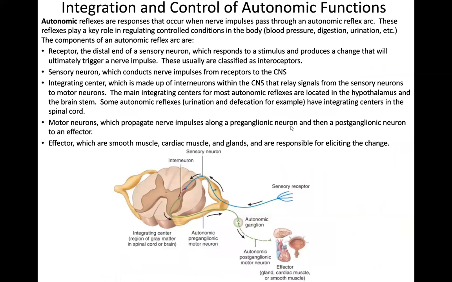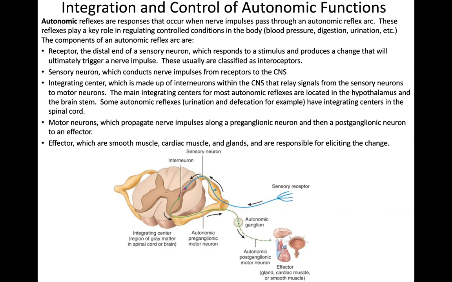Okay, and then the final slides here will be talking about everything kind of put together for these last several slides, and what we call integration and control of autonomic functions. Thinking back to Tuesday, we talked about reflexes like the stretch reflex, elicited when you sit on the table and you tap on the patellar tendon and your leg kicks out.